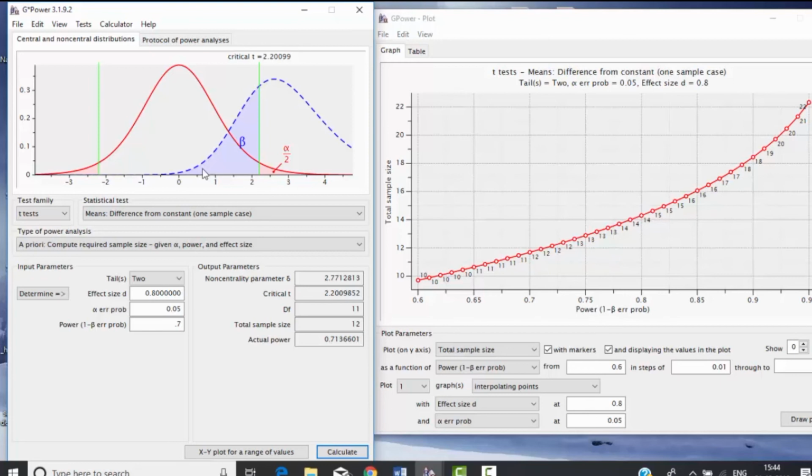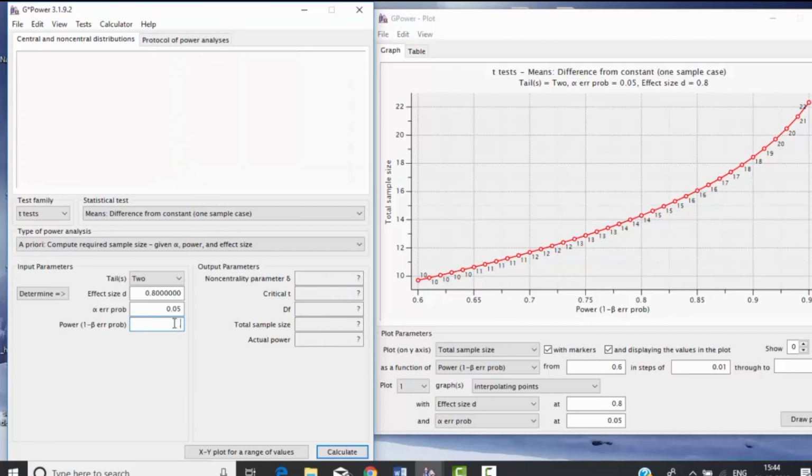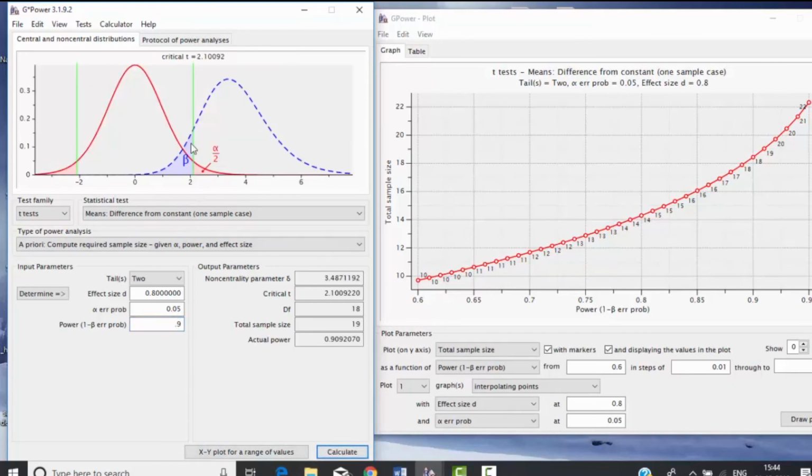Therefore, the type 2 error that we are likely to commit increases as the sample size decreases. Conversely, if you increase the value of power, for example, from 0.7 to 0.9, you will see the beta value comes down.